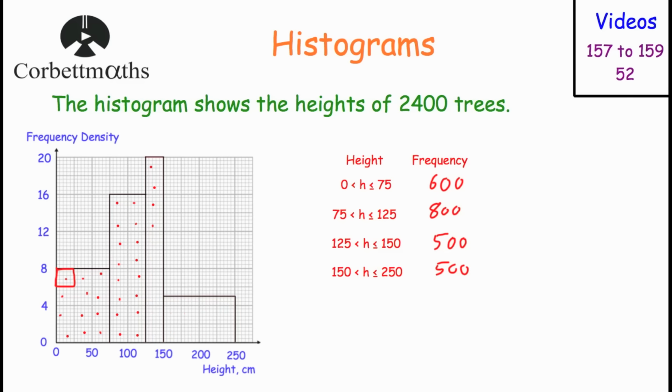So let's find out where the 24th block would be. We've got 1, 2, 3, up to 12, so we've got 12 blocks in that one. Then 1, 2, 3, up to 8. Well, 12 plus 8 is 20. Now we need another 4. But if we look across here, we've got 8 blocks, so we actually only need 4 blocks.